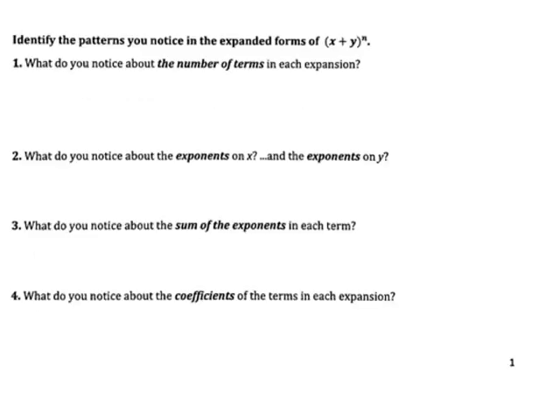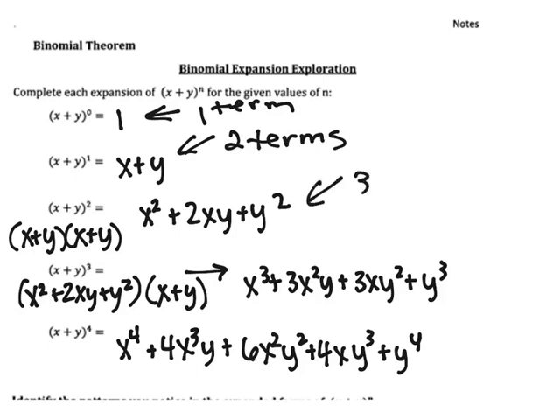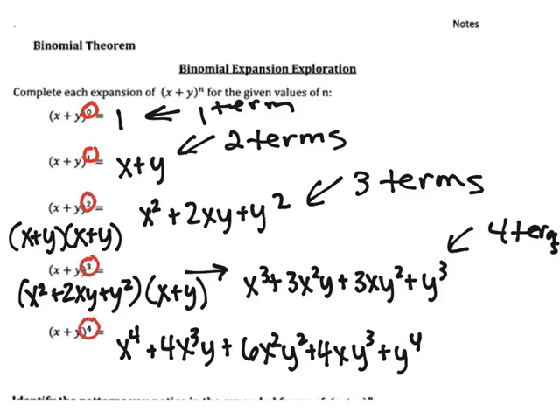All right, so what did you notice about the number of terms in each expansion? If you go back over here, I've got one term here, 2 terms here, 3 terms here, 4 terms here. Compare that to the n, the power.